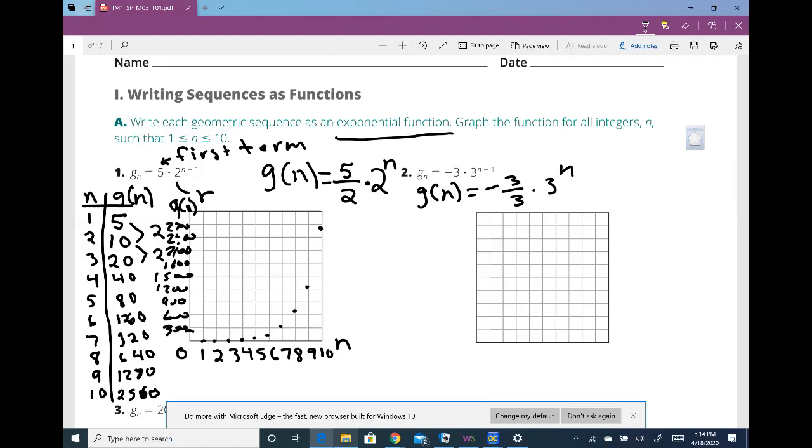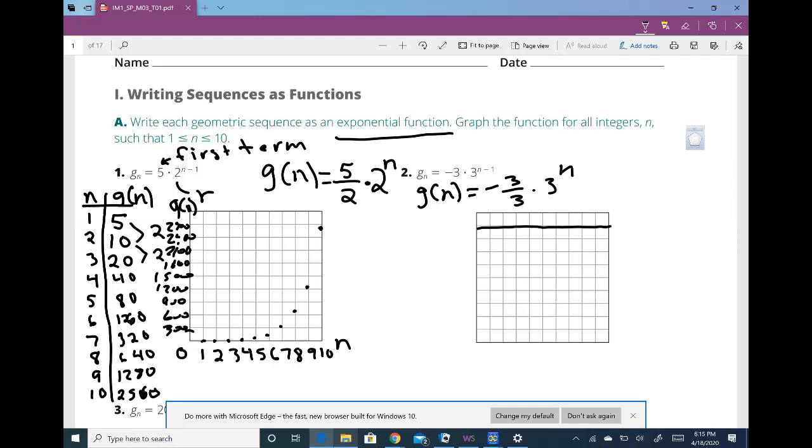Now, if you notice, we're multiplying by a negative 1. So our graph, when we start doing the numbers, is actually going to be going down. So what we want to do is make our x-axis up here.